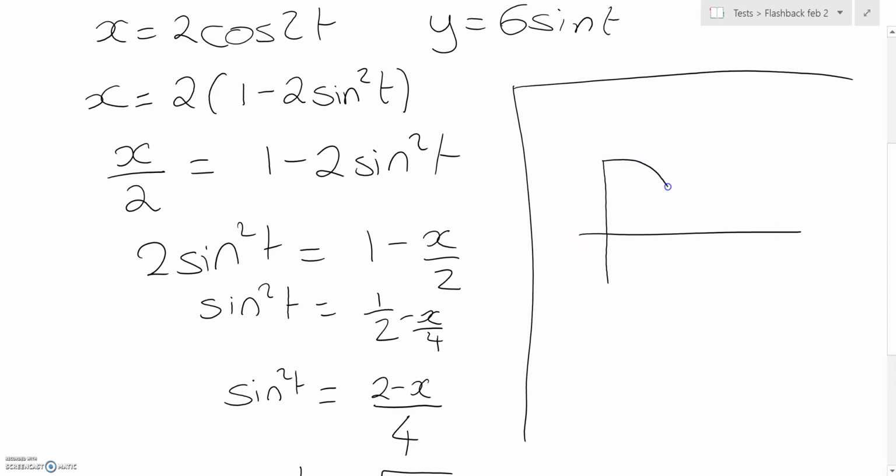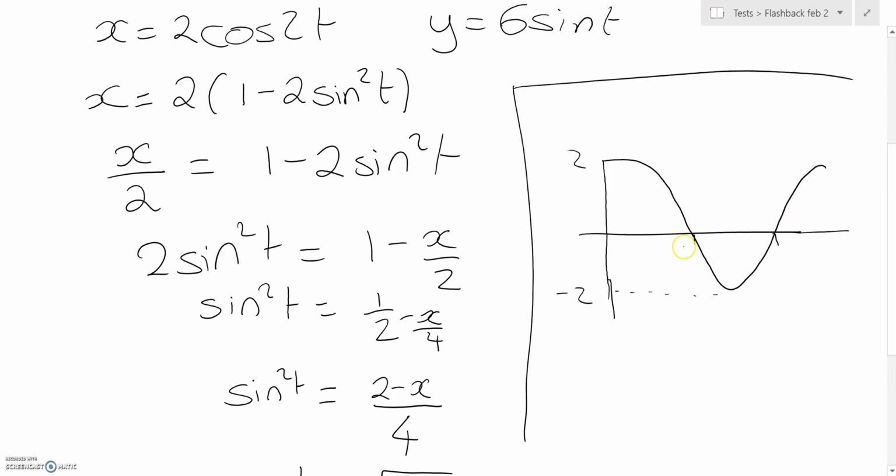That's the cos graph. Now if it's 2 lots of cos, we know that it's going to range from minus 2 to 2, and it's 2 cos 2t, so we're going to have shrunk the graph by a scale factor of 2 in the x-axis.